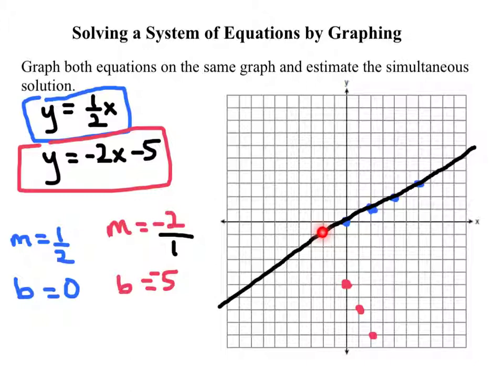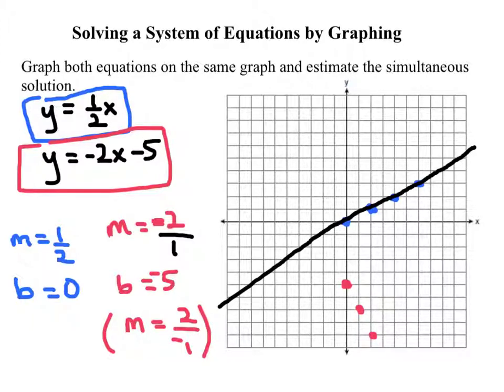If I want to be accurate, if I don't have my straight edge with me, I might use the concept of graphing the slope, keeping in mind that the negative sign can be pushed to the numerator or the denominator. The slope could also be considered 2 over negative 1.